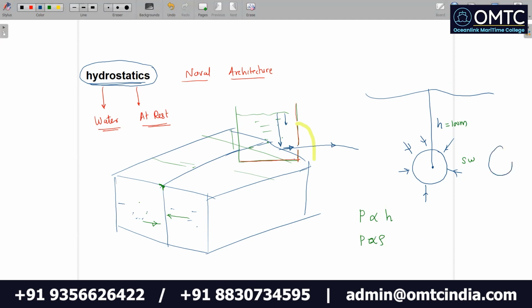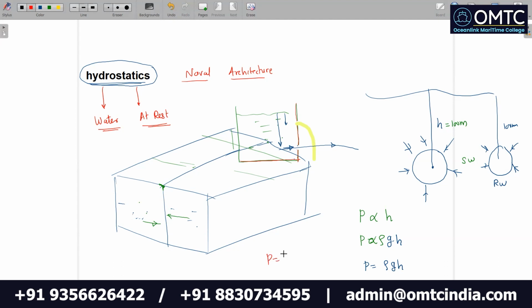Another submarine is at a height of 100 meters, but it is in river water. So this submarine will experience less force because pressure is also dependent on the density and acceleration due to gravity. So hydrostatic pressure is equal to rho g h.